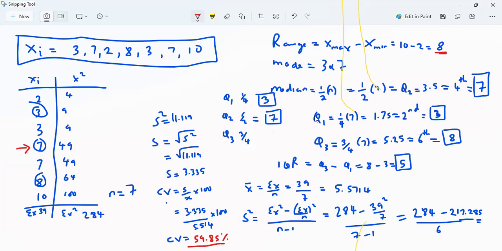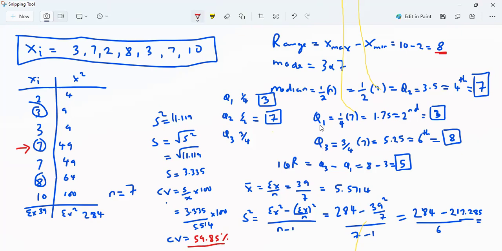Suppose the n was 8, and half of 8 is 4. There's no decimal, so you get that number and the next number. You'd take the fourth number and the fifth number and average them. But it's easier when you have a decimal point. If it's 3.5, you round up to the fourth position, which in this case is 7.